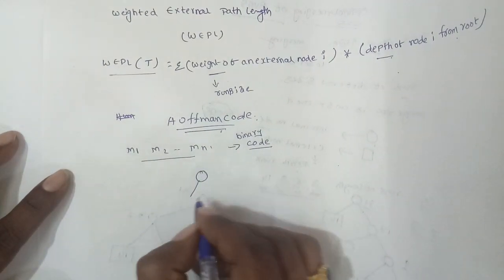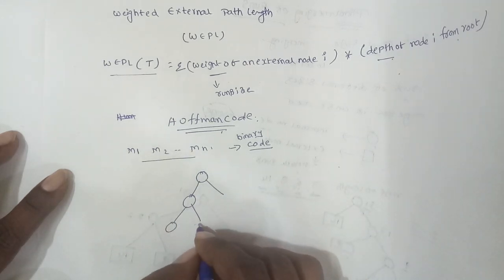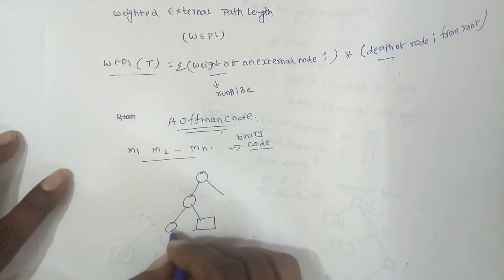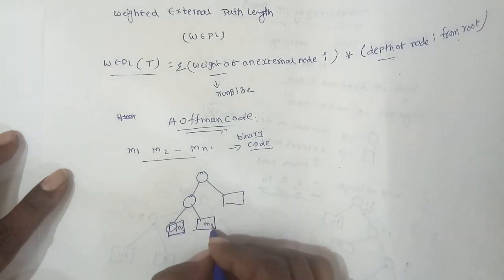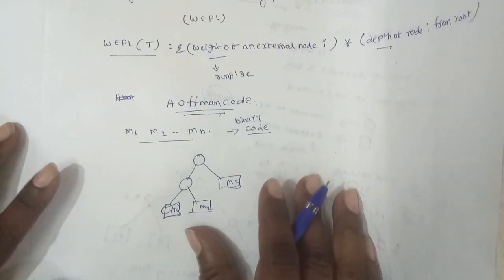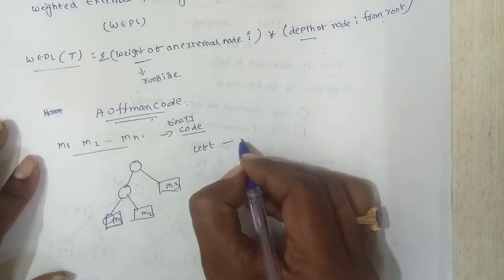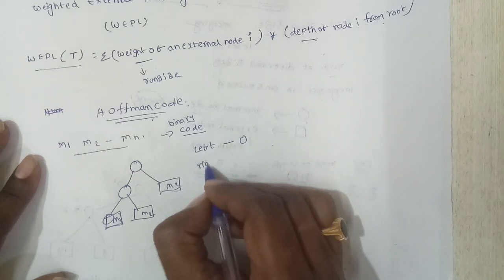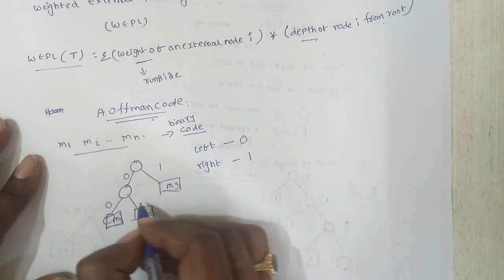For example, assume a simple example, M1, M2, M3. How to represent the left branch? At each and every level, the left branch is represented with 0, the right branch is represented with 1, that is 0, 1, 0, 1.